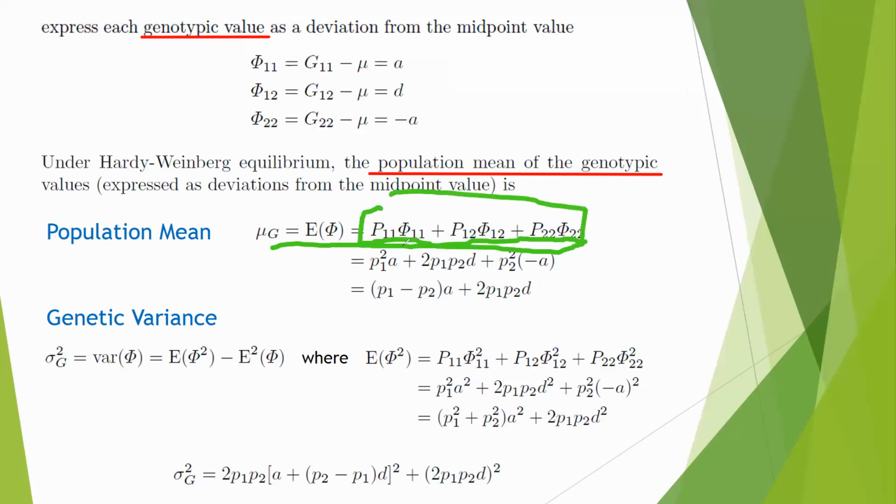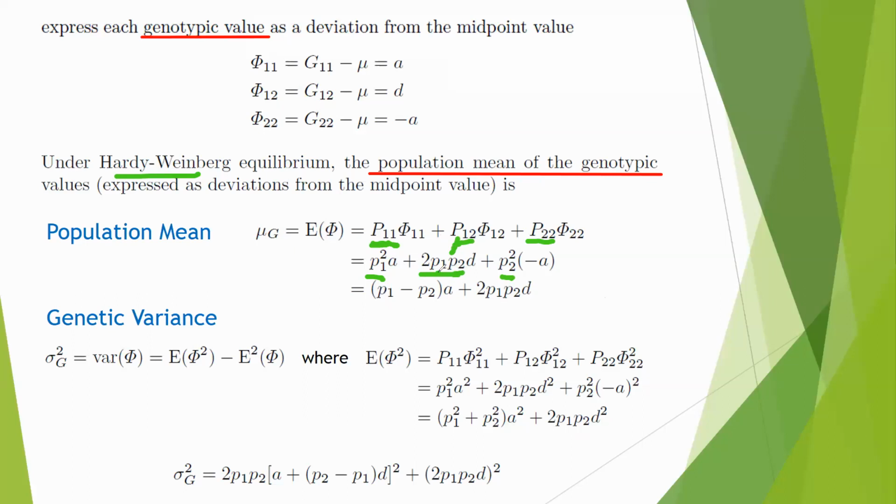Now, because we knew from last time this probability, if this locus is following Hardy-Weinberg, this probability equals P1 squared, and this probability equals P2 squared. The P1 and P2 mean the allele frequency, the A1 allele frequency. And this is the probability for the heterozygous genotype, 2 P1 P2.